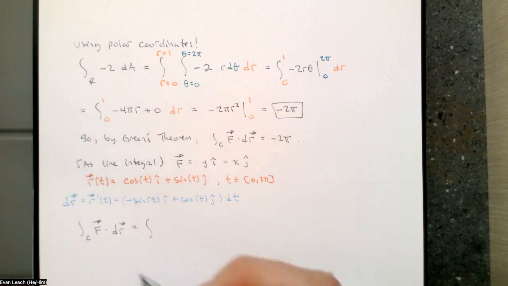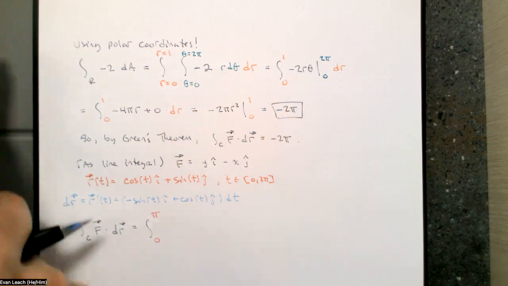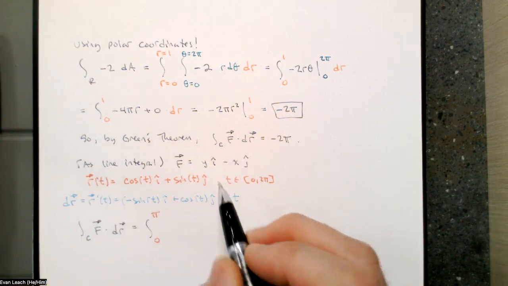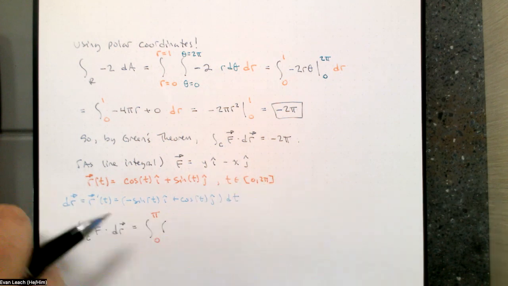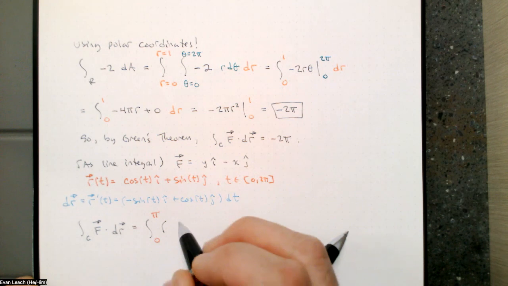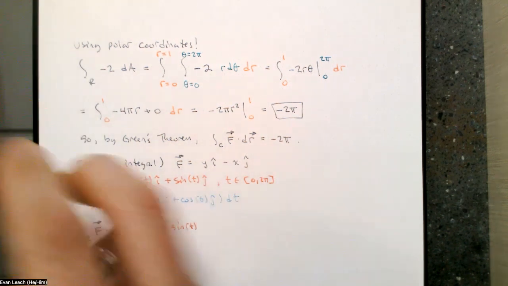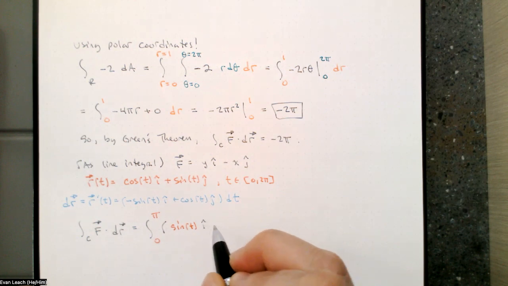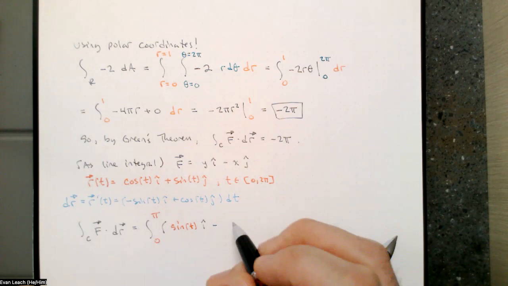we're going to integrate from 0 to 2 pi because we are now parameterized. F evaluated at r is going to be y i, so the y is sine of t, minus the x, which is cosine of t.